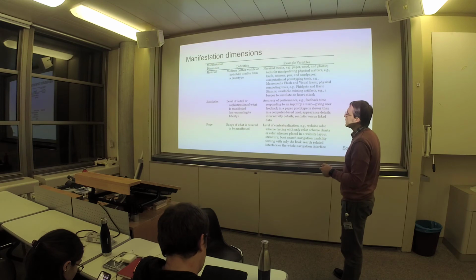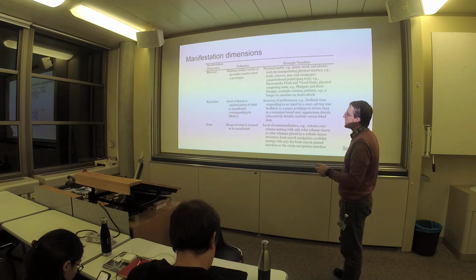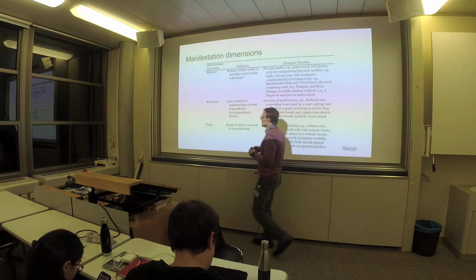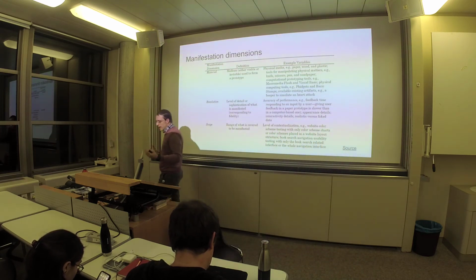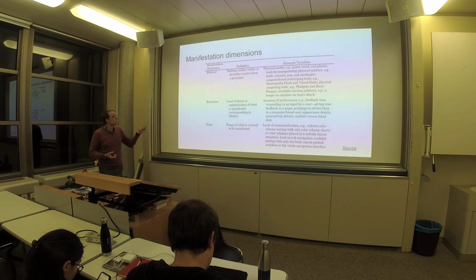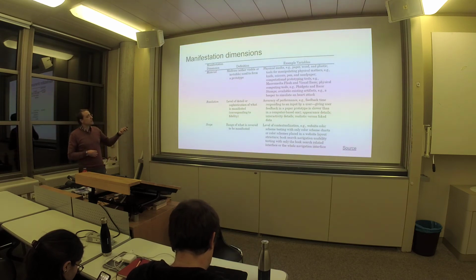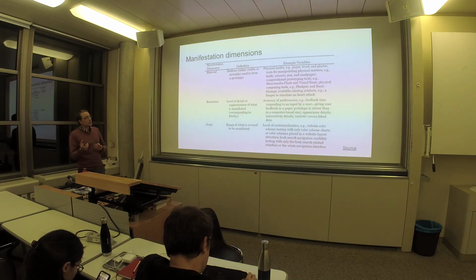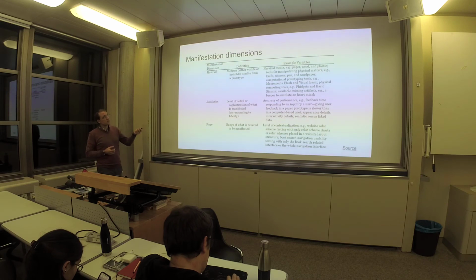And so there are also other dimensions that we call manifestation of the prototype, where we can work out different research questions. For instance, the material manifestation, whether it takes a certain medium or another, for instance, whether it's a physical element or a piece of software.